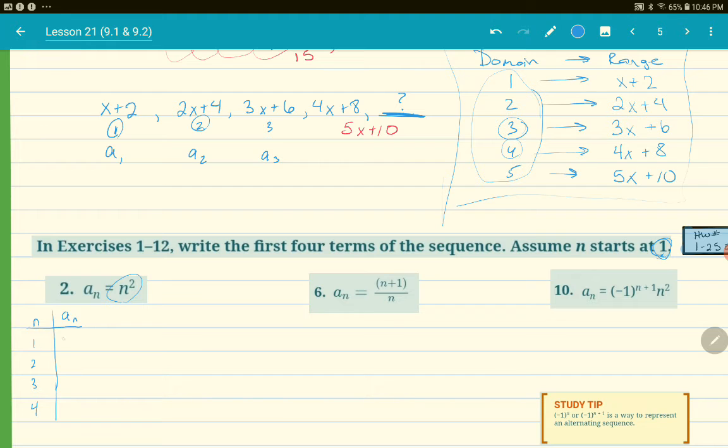So when n equals 1, n squared is 1. When n equals 2, n squared is 4. When n equals 3, n squared is 9, and when n is 4, n squared is 16. So the first four numbers of my sequence are 1, 4, 9, and 16.